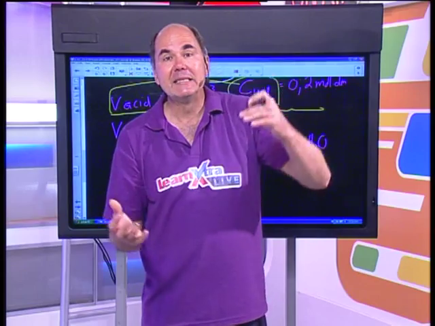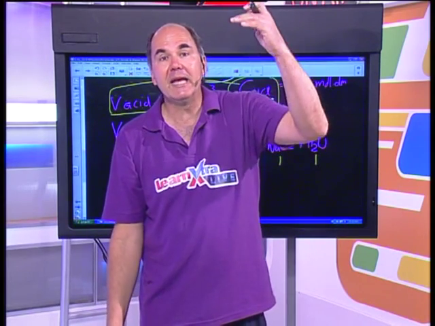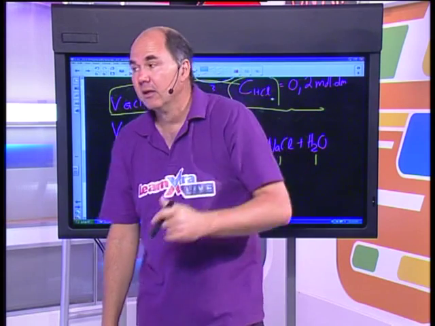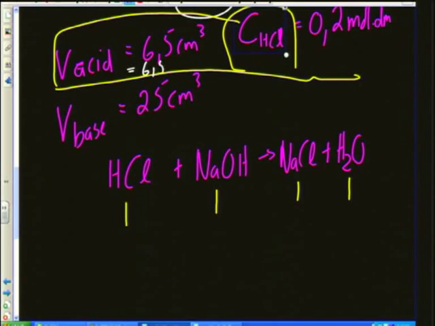So how many milliliters in a liter? Well, there are 1,000. How many centimeters cubed in a decimeter cubed? 1,000. So we divide by 1,000, and that's 6.5 times 10 to the minus 3 decimeters cubed. Don't forget to change your units.